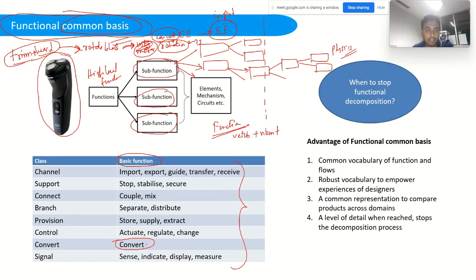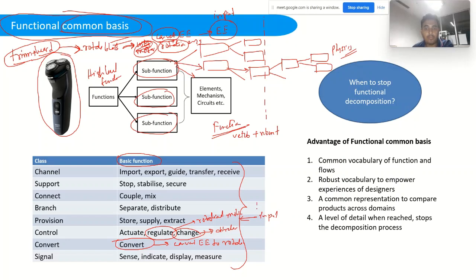So for example, this can be convert electrical energy to rotational energy. This can be change direction, or regulate rotational motion, something like that. After that you can directly come up with the input. So rotational motion, what will regulate it?